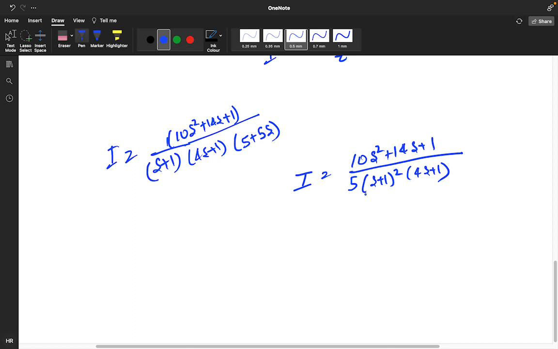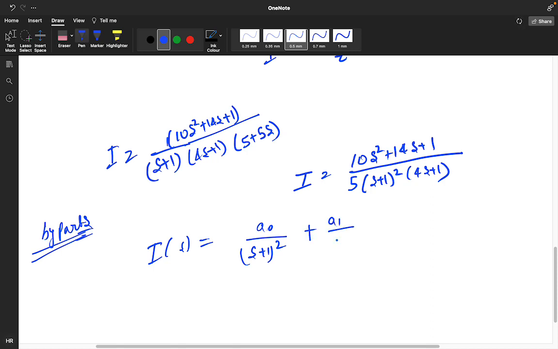Yes, sir. Now in integration you have learned, I think, by parts. Okay, so if you want to convert, you have to break this form like this: I of s is equal to a naught divided by s plus 1 the whole square, plus a1 divided by s plus 1, plus a2 divided by 4s plus 1.